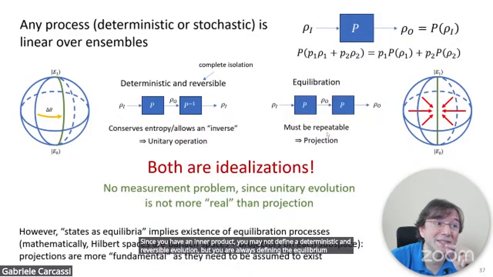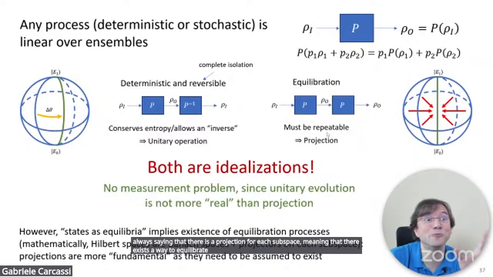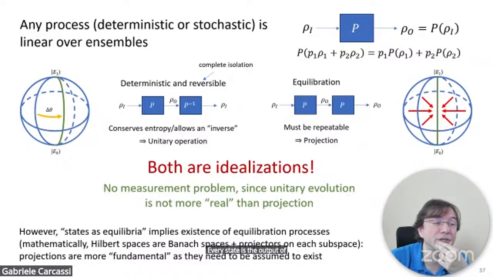So you are always saying that there is a projection for each subspace, meaning that there exists a way to equilibrate, to make it such that every state is the output of some equilibration process.